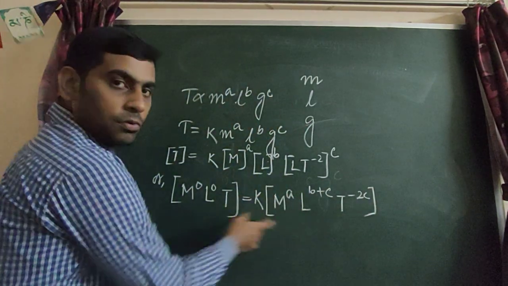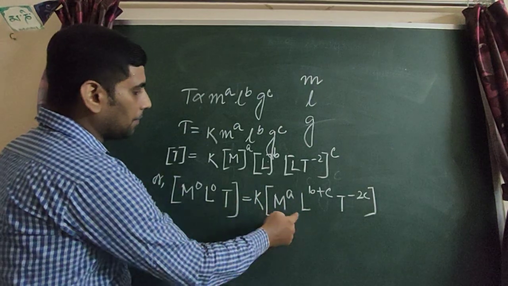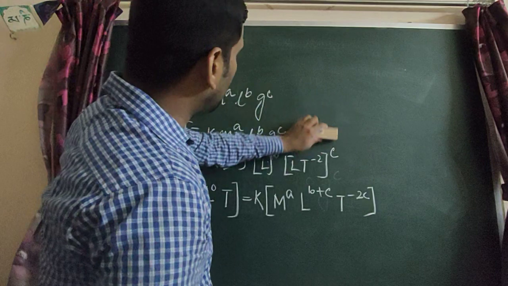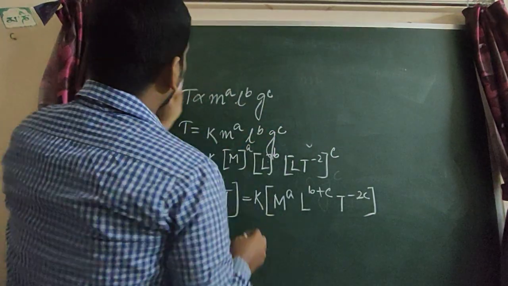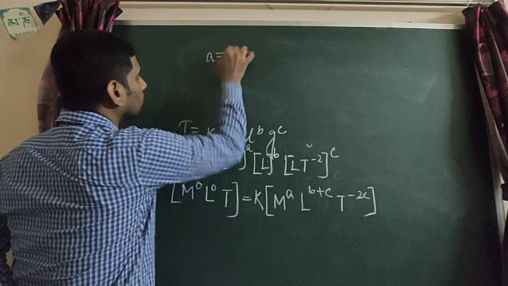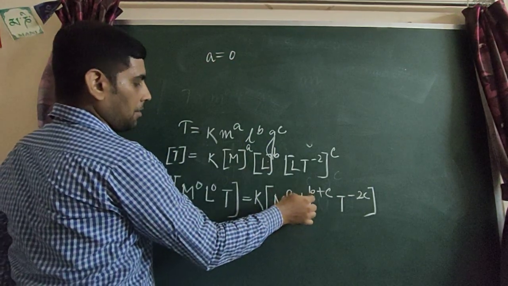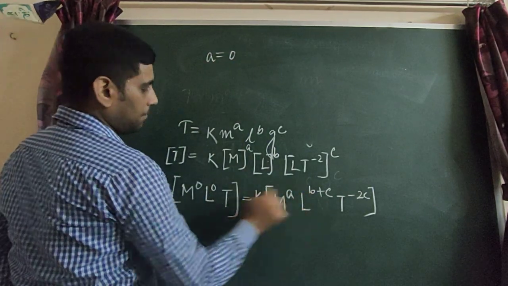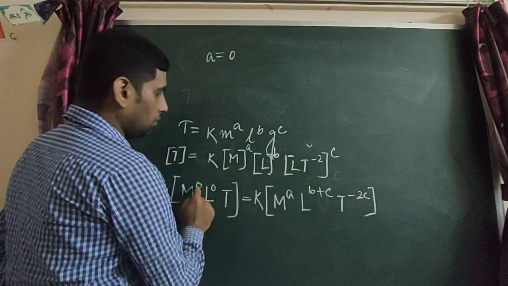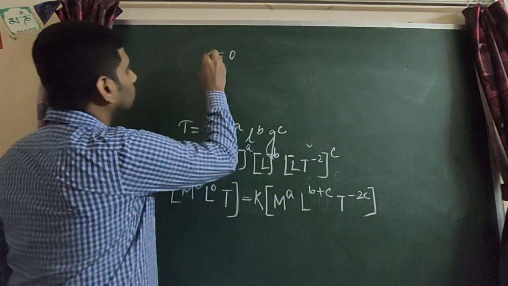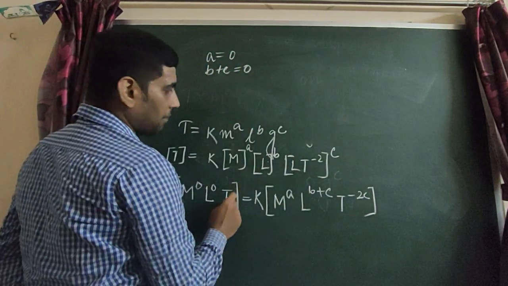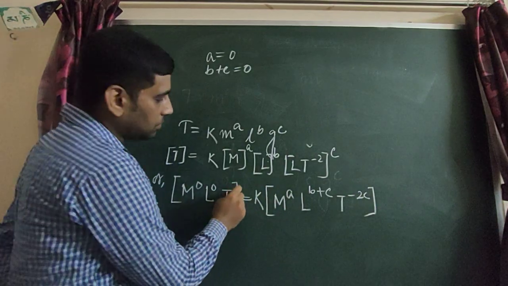Now by comparing both sides, what am I getting? I am getting A equals to 0. Next, B plus C equals to 0, because I am comparing the power of M, L and T. T to the power nothing is there, means 1 is there.